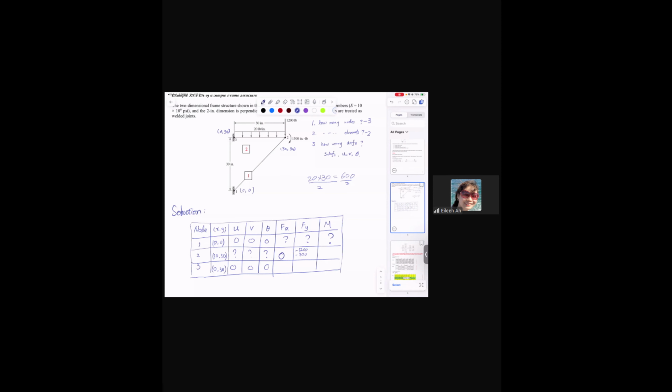But actually, it depends how we create the coordinate system. Remember how we create a system? According to the coordinates, we create the coordinates this way, right? So this is x direction, and this is y direction.